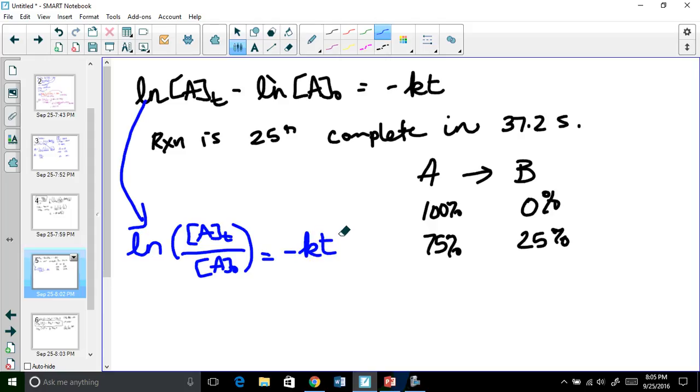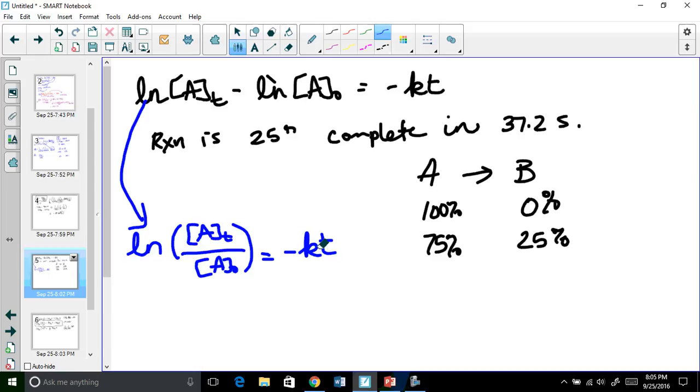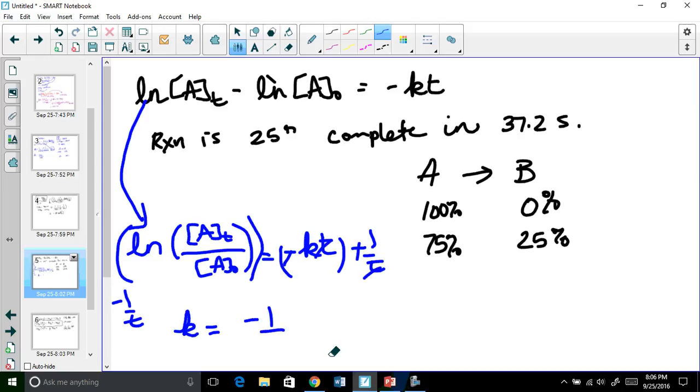And they want to know first of all, what is the value of the rate constant? So we're solving for k, so I'm going to multiply both sides by negative 1 over t. And so negative 1 over t, because negative and negative is positive. Okay, so k ends up being the opposite of the reciprocal of time times the natural log.